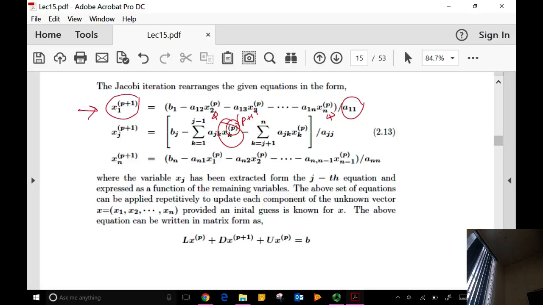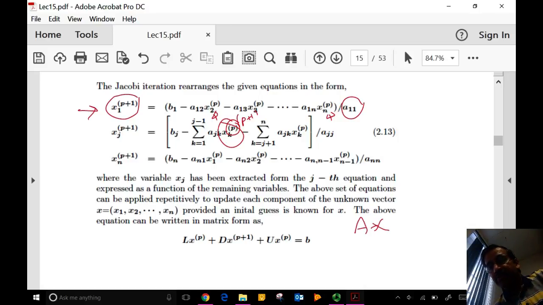Okay, for the iterative method, the fixed point iteration. So this method is nothing but L times x at p plus 1 and U times x at p. So that is A has been split, not by factorization.